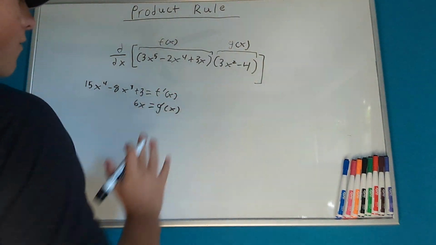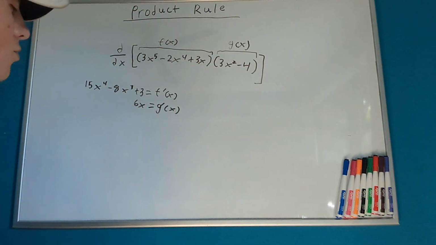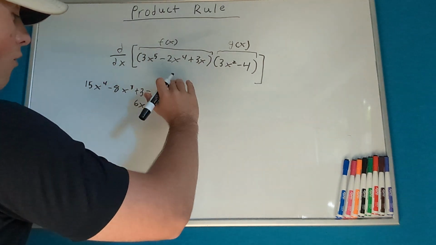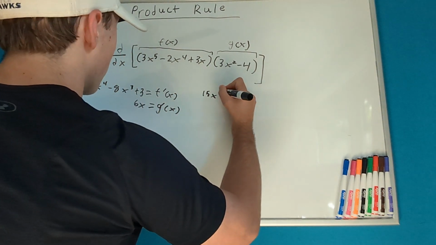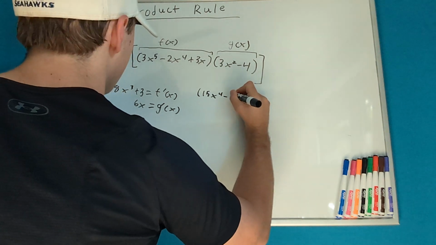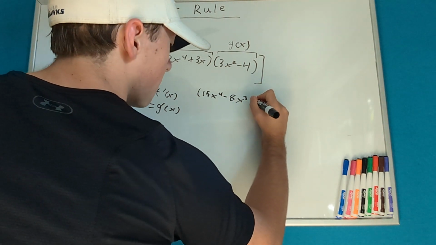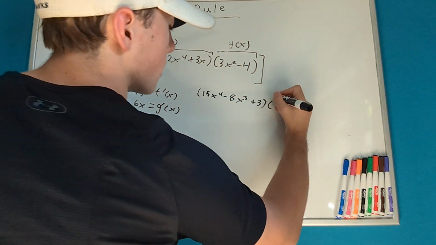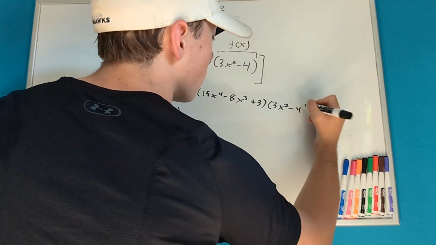So now let's use what we found here, and let's put it into the product rule. So we take f prime of x, so 15x to the 4th minus 8x cubed plus 3, and then we multiply it times g of x, 3x squared minus 4.